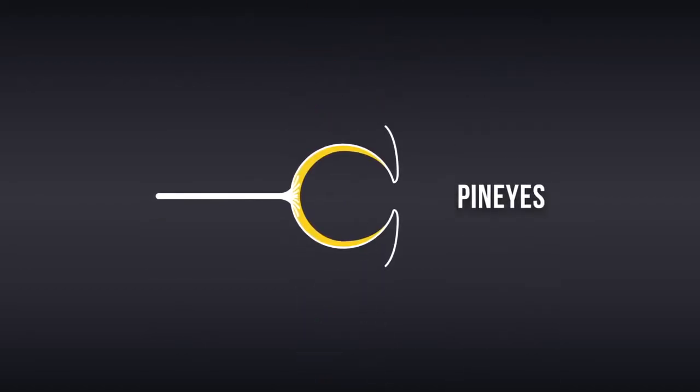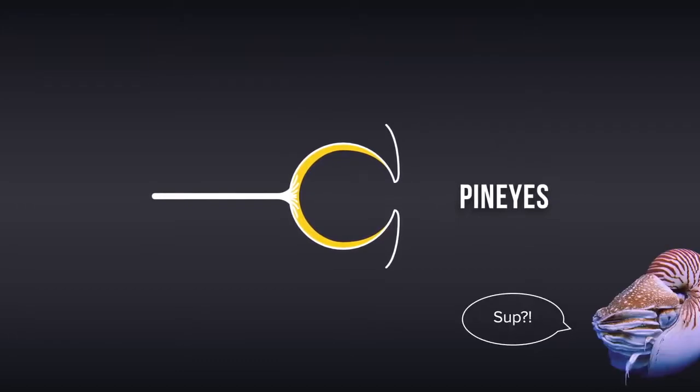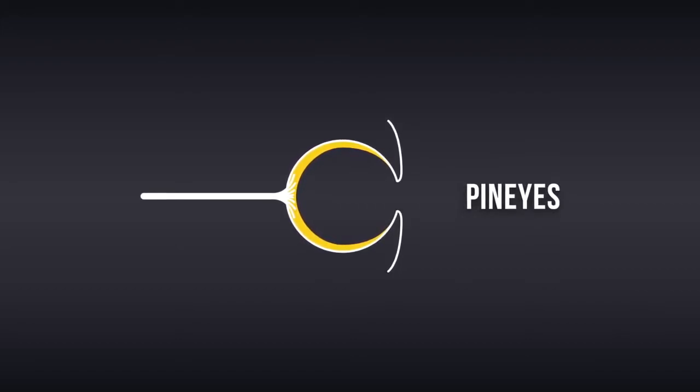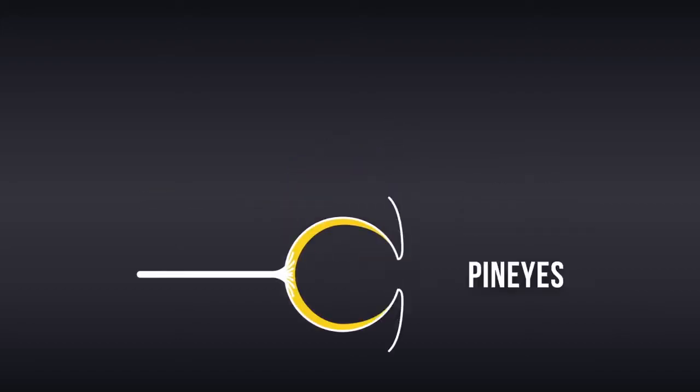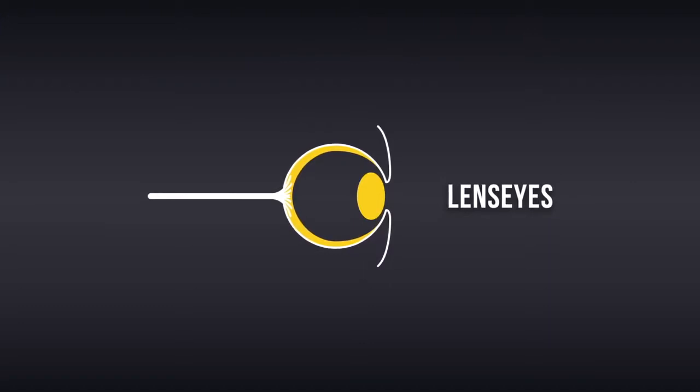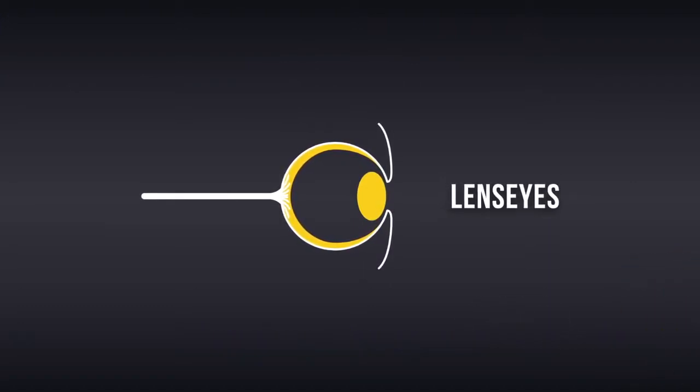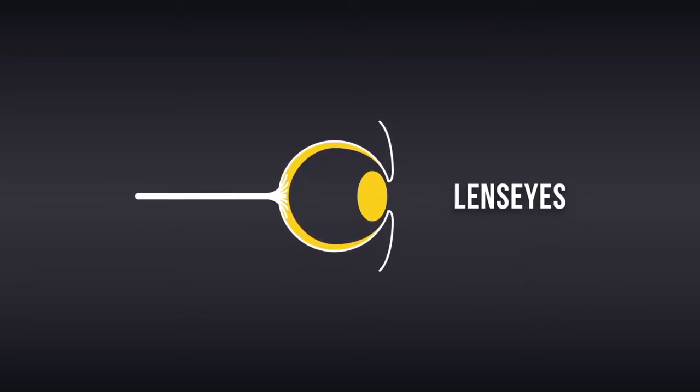Pin eyes, which are found in organisms such as the nautilus, are the result of cup eyes progressively curving to make a circle, which enables the organism to see distinct but blurry images. And lens eyes, which organisms such as the human possess, are pin eyes that have evolved a transparent sphere of gunge at the pin of the eye, which focuses light beams by means of refraction.